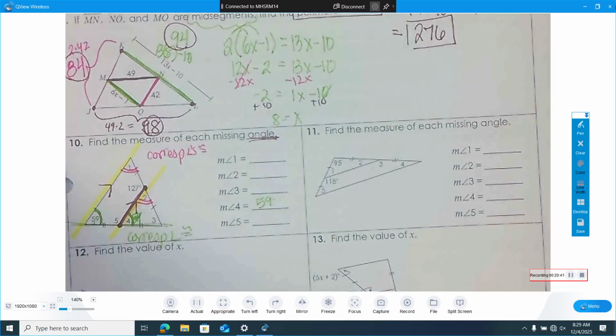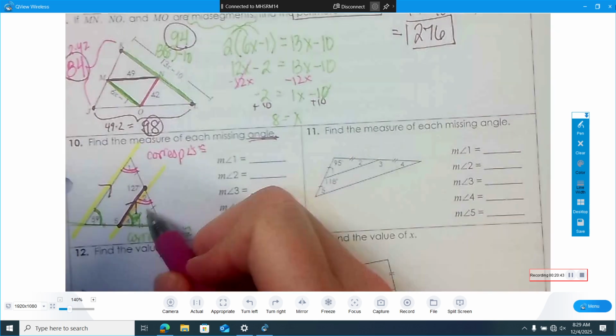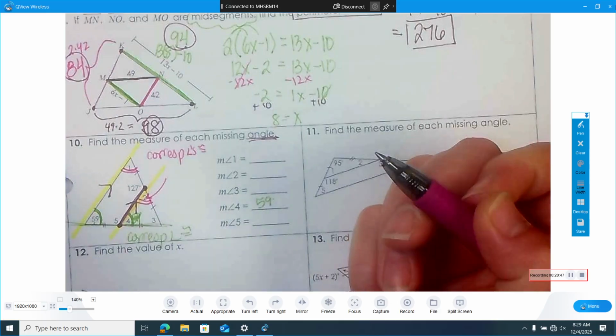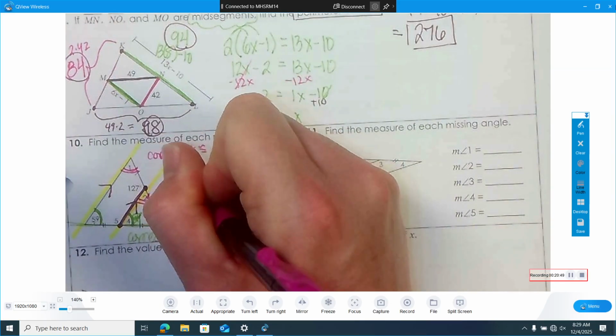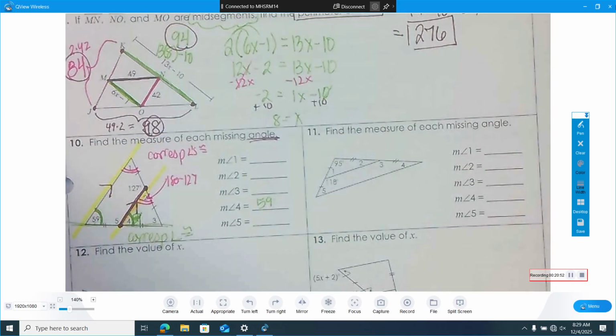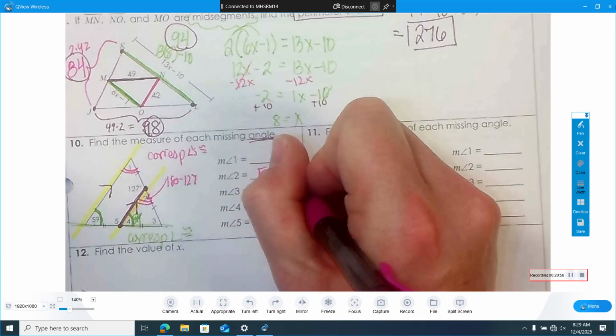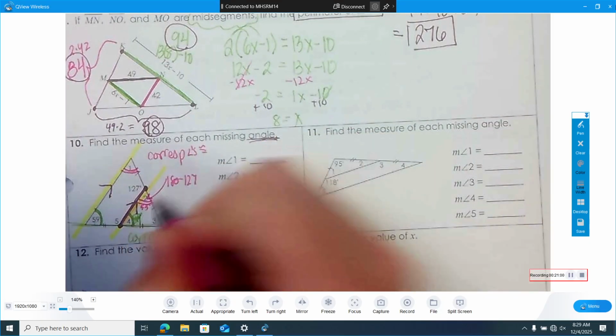All right? So now, Maggie said, can't we use the 127 to figure out angle 2? How do we figure out angle 2? 180 minus 127, which equals 53. So the measure of angle 2 is 53 degrees.